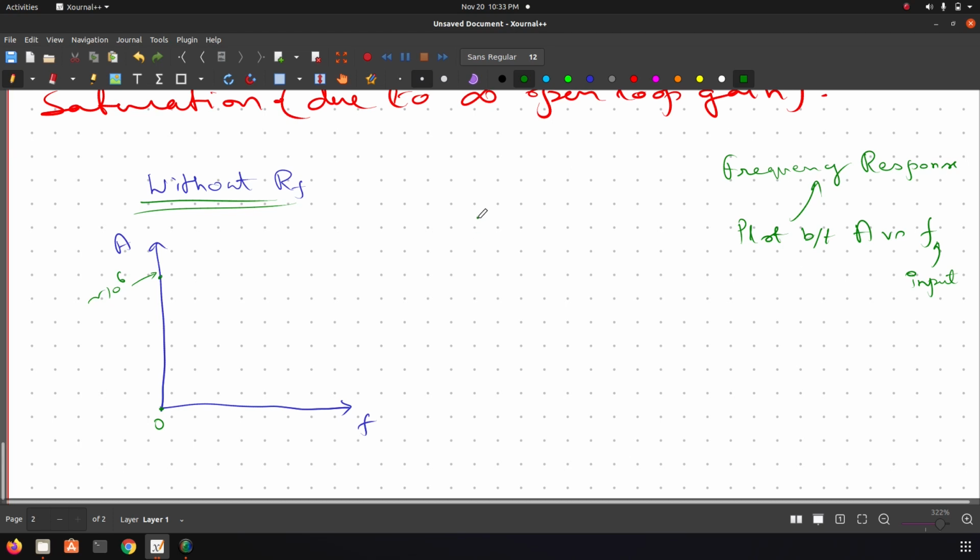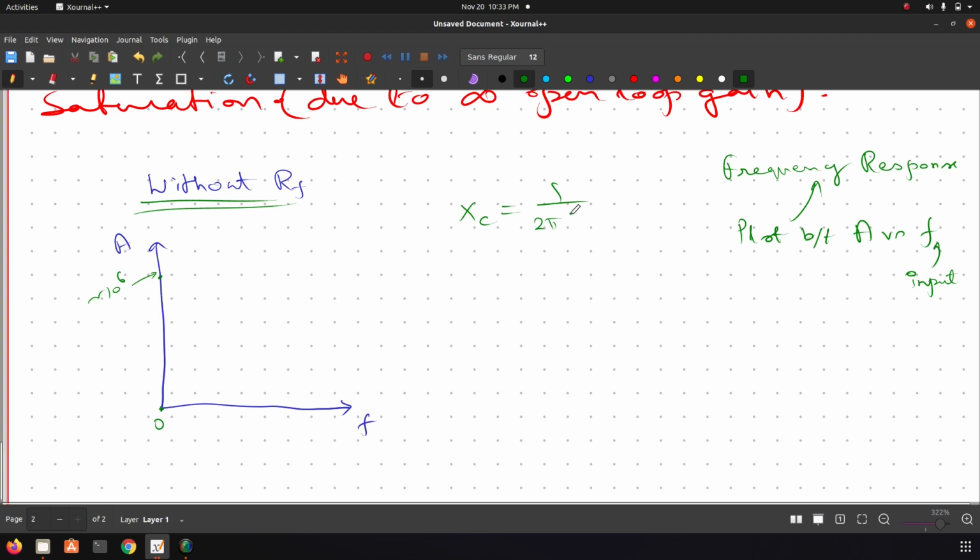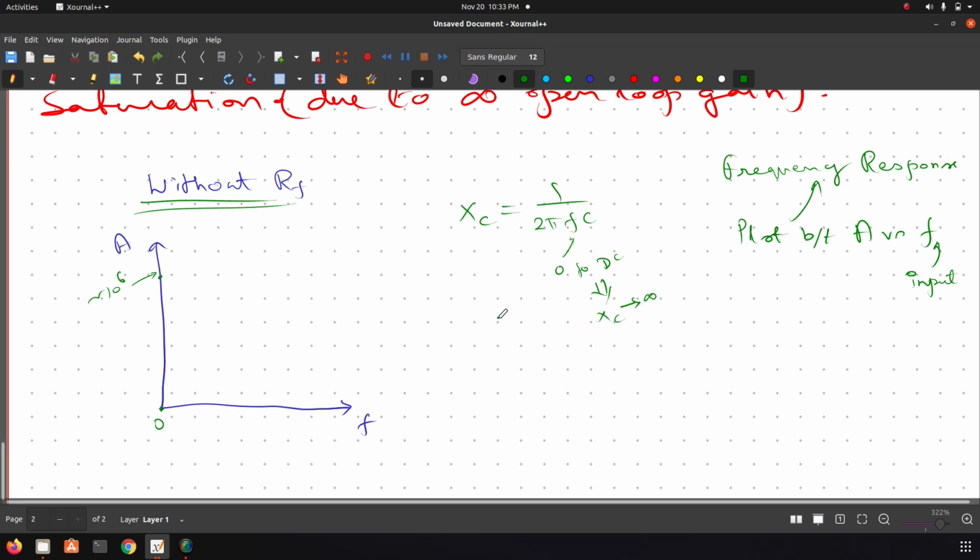This is because Xc equals 1 by 2 pi Fc, and since F is 0 for the DC case, Xc tends to infinity, therefore it's an open loop configuration. Since the gain of the open loop configuration is of the order of 10 power 6, at the DC frequency the gain is 10 power 6.